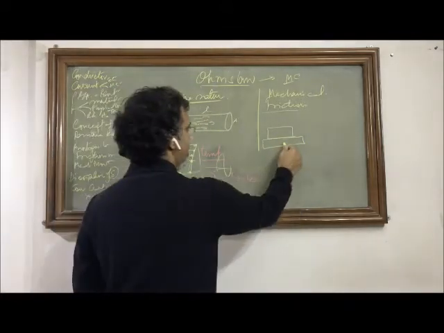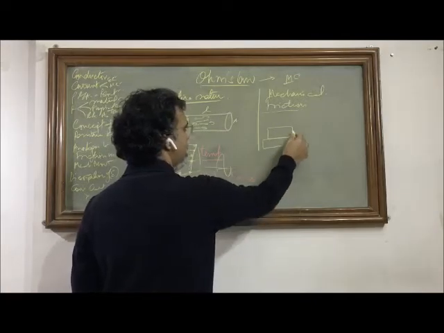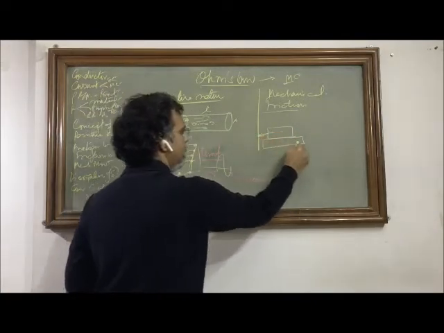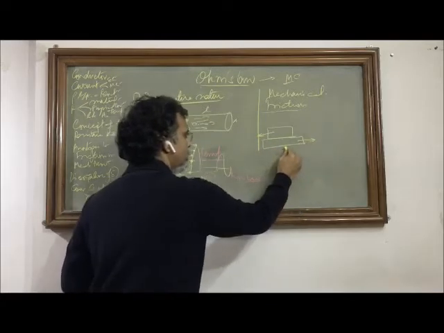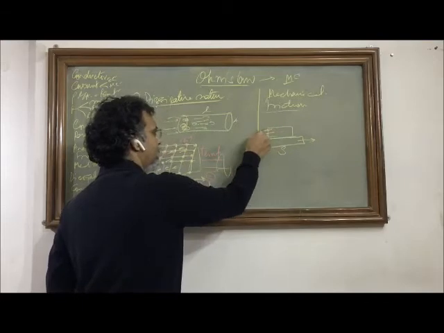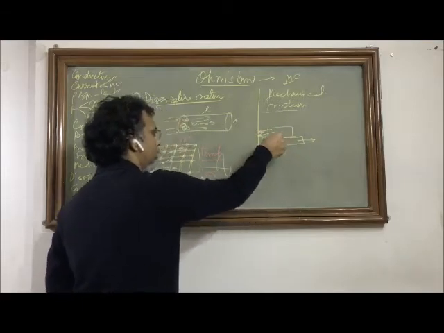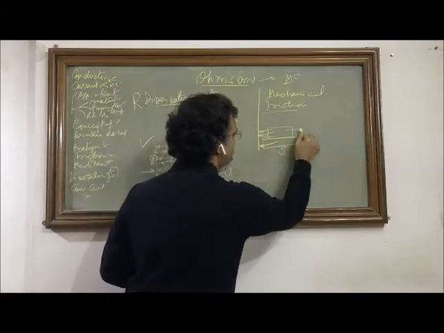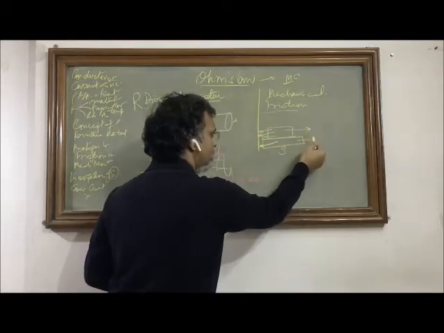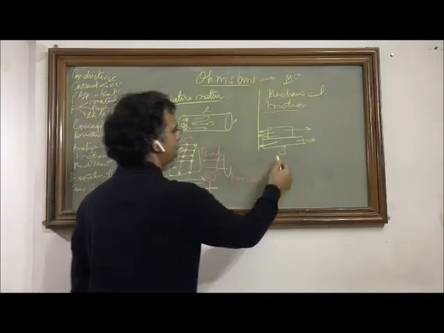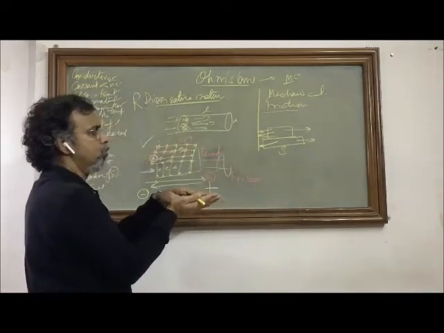If we have two bodies with relative motion, maybe this is moving in this direction and this in that direction, or this is stationary and only this is moving, or this is moving with a lesser velocity, there are many circumstances in which there is a relative motion between the two surfaces.